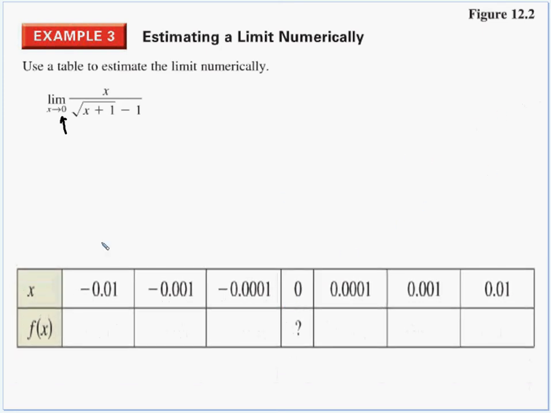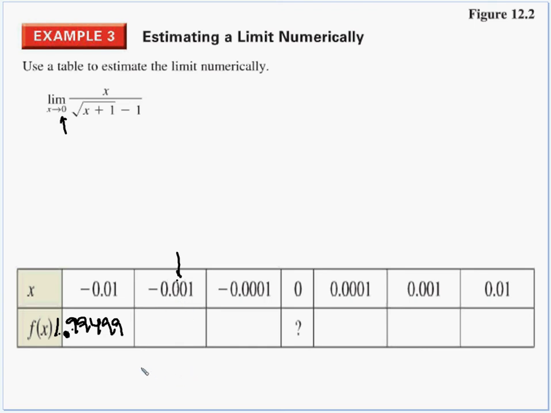If I punch this equation into my y editor, careful with the grouping symbols to make sure that all stays in the denominator, and punch in this negative 0.01, our calculator gives us out 1.99499.